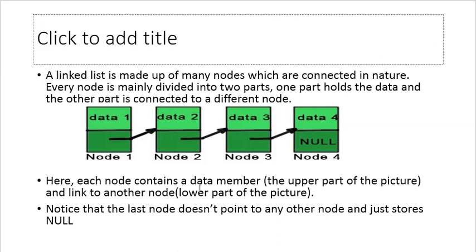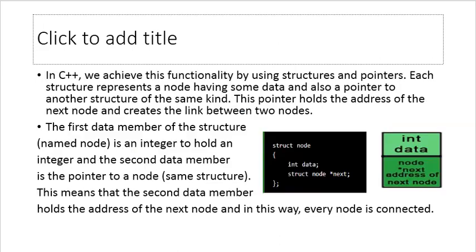Here each node contains a data member, the upper part of the picture, and a link to another node. The upper part is used for the data, while the lower part is the link, which in simple terms we can call a pointer pointing towards the other node. Notice that the last node doesn't point to any other node and just stores a null.